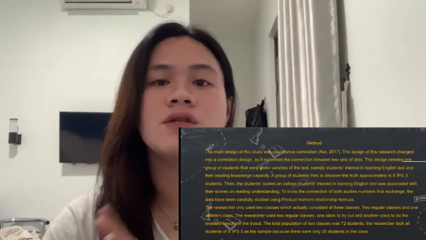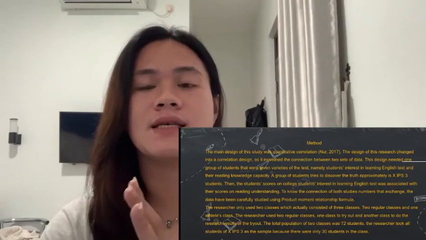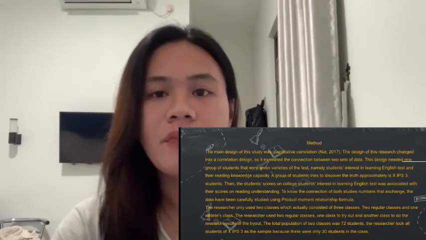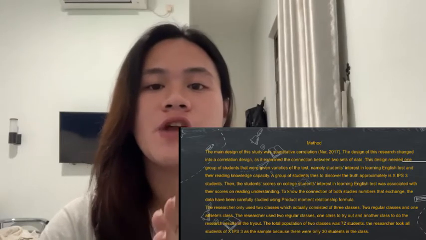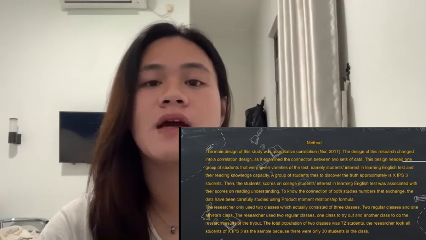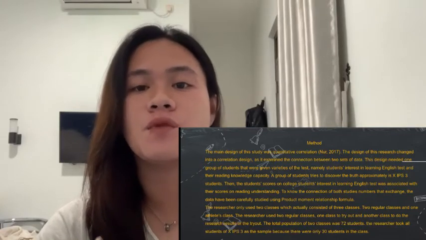A group of students tried to discover the true approach is IPS 3 student. To know the connection of but study number that extends the data have been careful study using product moment relation formula.